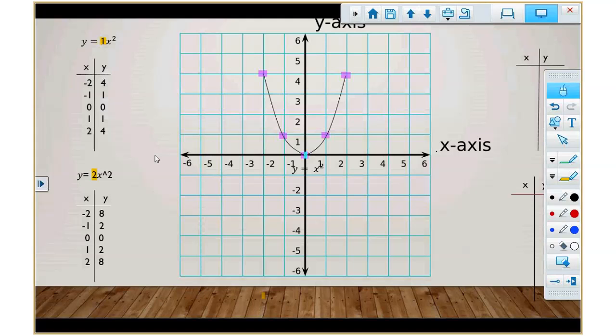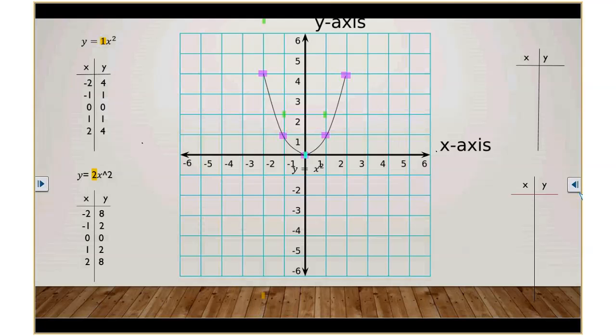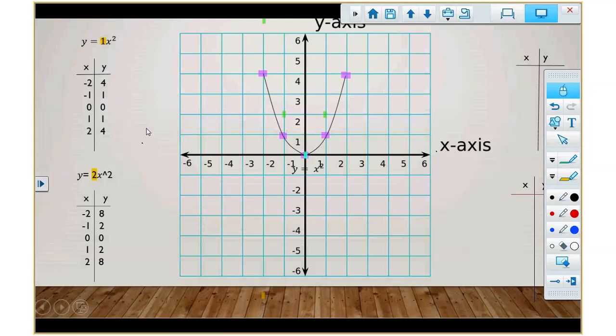Do it in a different color or a highlighter so you can see the difference. And what did you notice when you graphed it? Sharper.